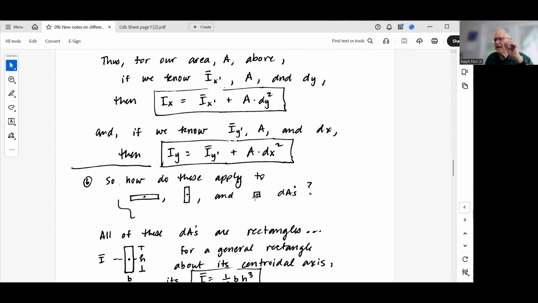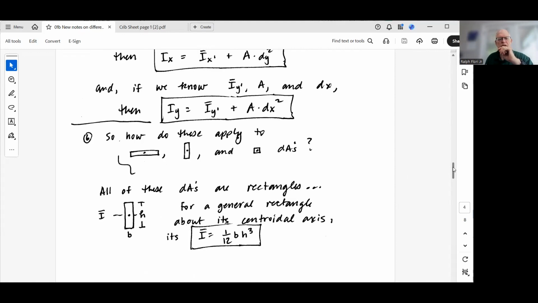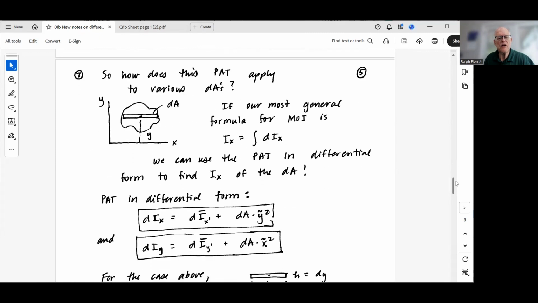But all three of these are rectangles. And for rectangles, our I bar is 1/12 b h cubed in all three cases. So we have to write the parallel axis theorem in differential form.